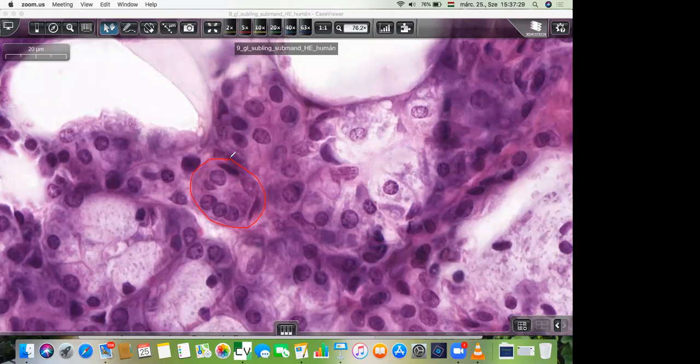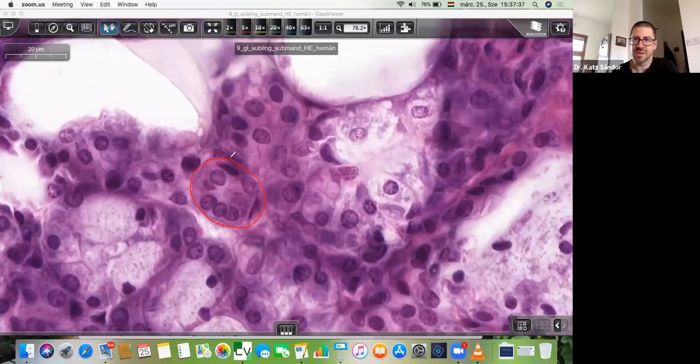That makes sense. But the intercalated duct doesn't secrete, does it? I thought it's only the first part of the duct system. It's just a tube leading from the acinus. It doesn't secrete, but it's really small and really close to the acini. So don't forget, that's the reason why it's a little bit darker sometimes.